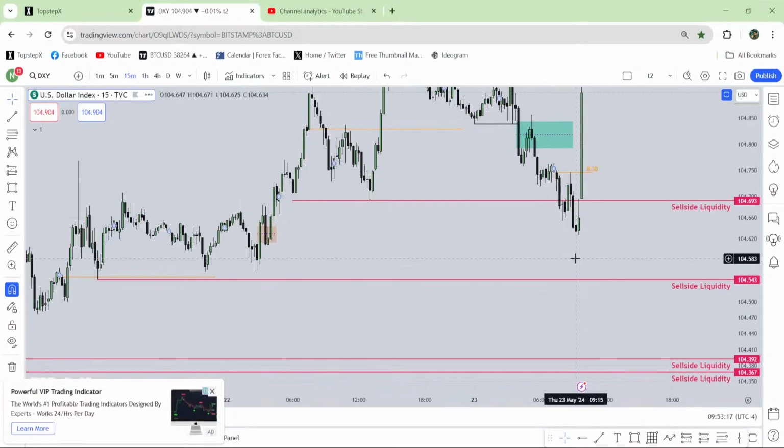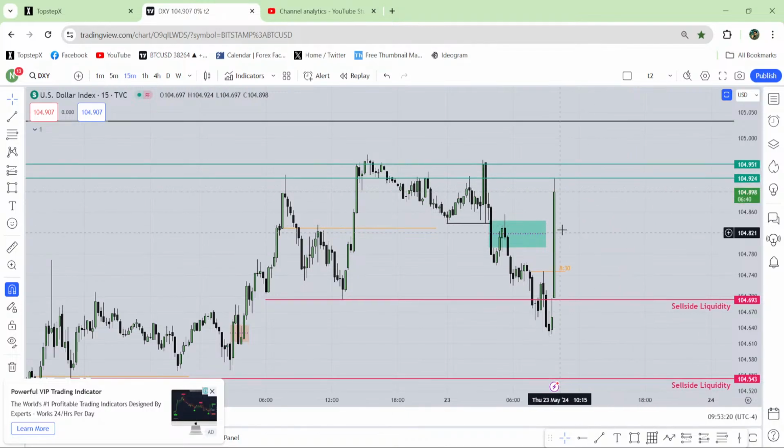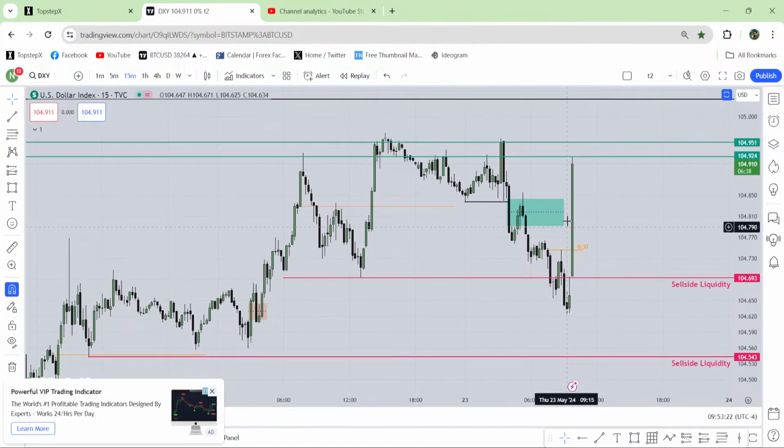What happened to DXY? DXY is bullish, so bullish. Okay, so it has taken this sell side liquidity. After taking this sell side liquidity, boom, that's cool.